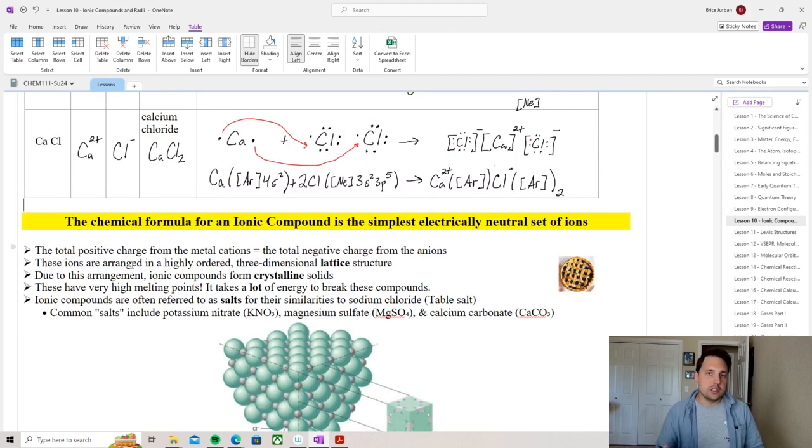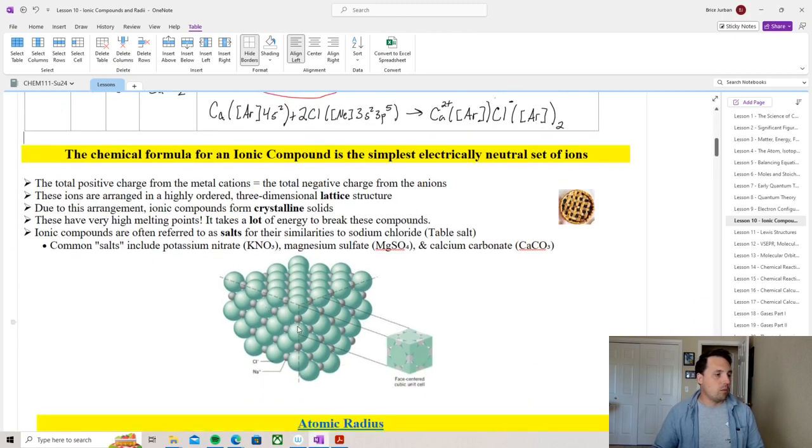One thing that's pretty interesting about ionic compounds is they don't just exist as these ions floating independently. They're actually arranged in a 3-dimensional crystal lattice. And one way of visualizing that is through this image here, where we have a sodium chloride crystal, which is composed of 1 sodium ion for every chloride ion.